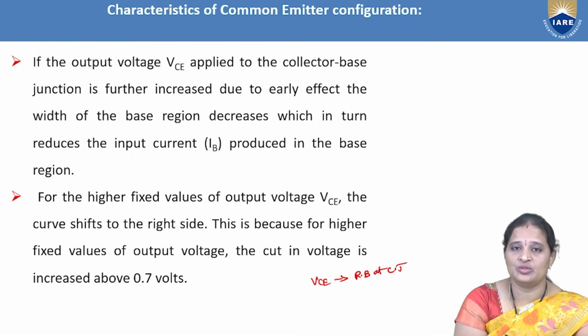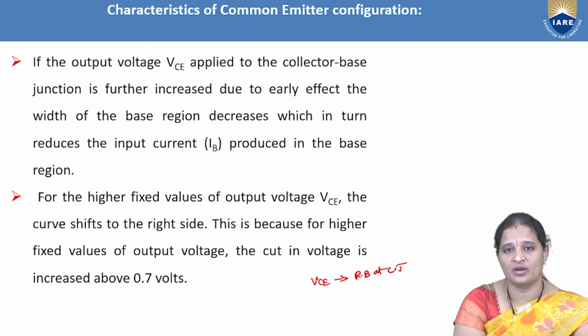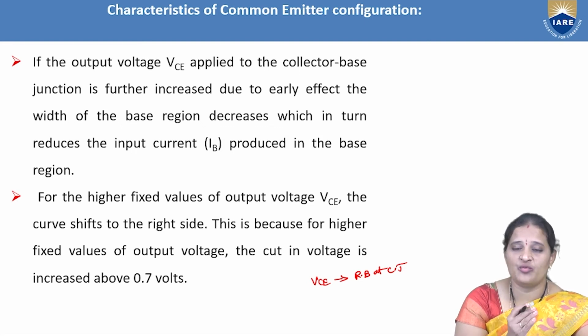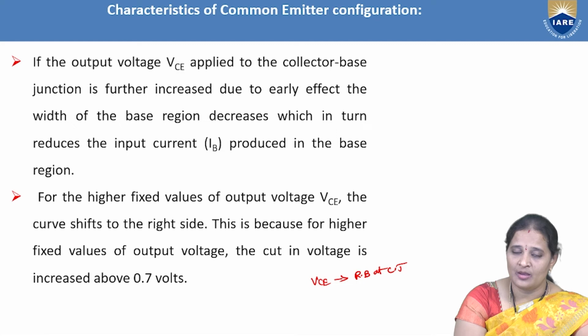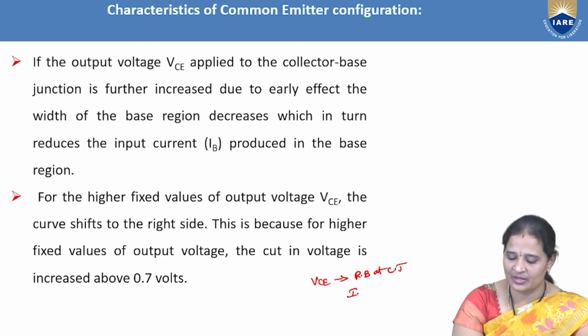So due to the early effect, if I increase VCE, which increases the reverse bias potential at the collector to base junction, the depletion region will penetrate more into the base region, due to which the effective width of the base region where the recombination takes place reduces, and due to that the rate of recombination reduces, and hence IB will be reduced.